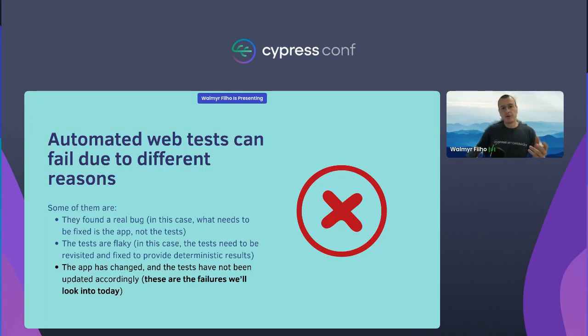There are also the flaky tests that Brian just mentioned in the beginning of his talk. Those are the non-deterministic tests that sometimes pass and sometimes fail, even if there's no change in the application or the testing code. These tests need to be revisited and fixed to provide deterministic results.